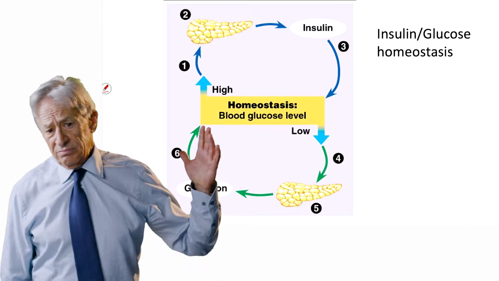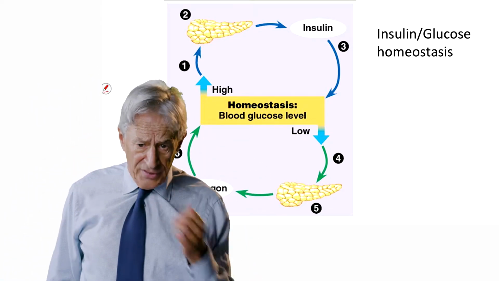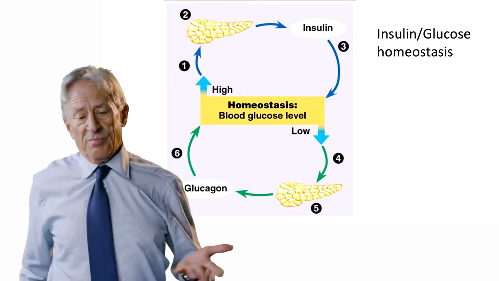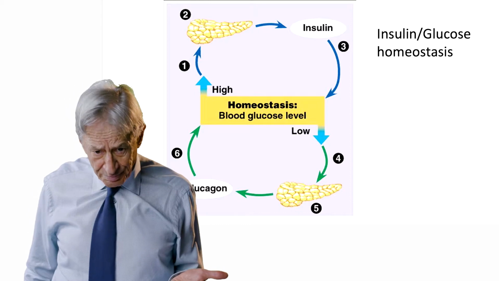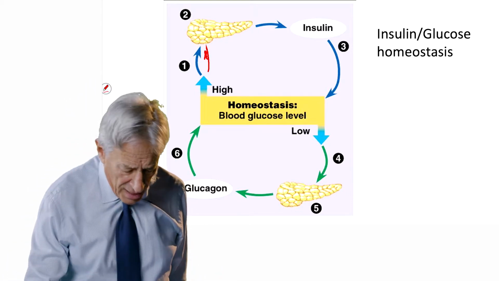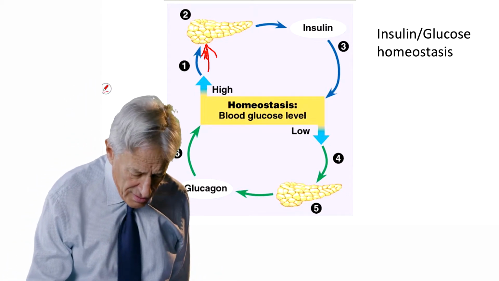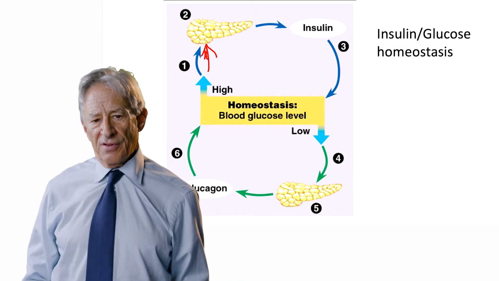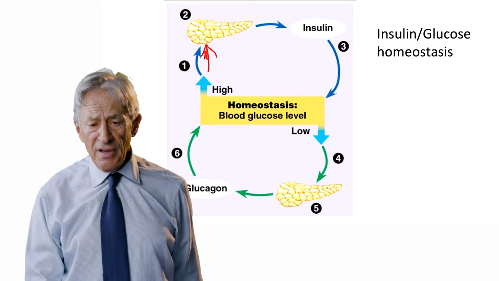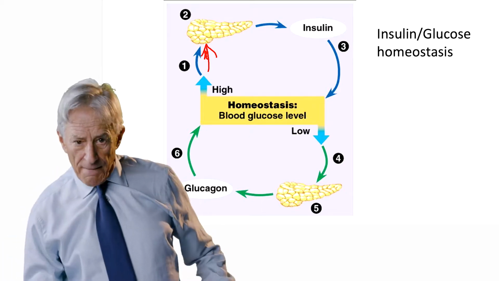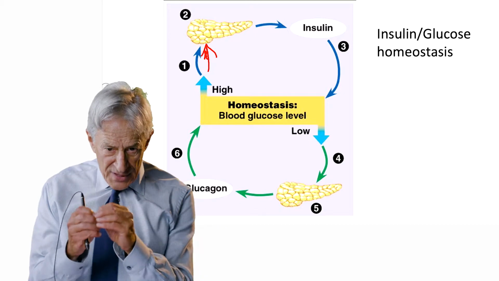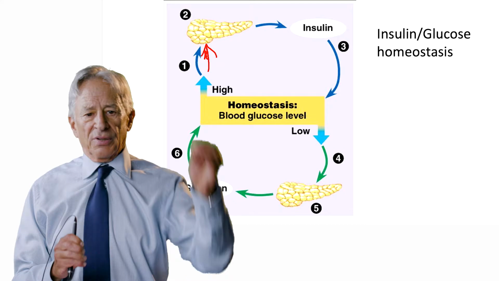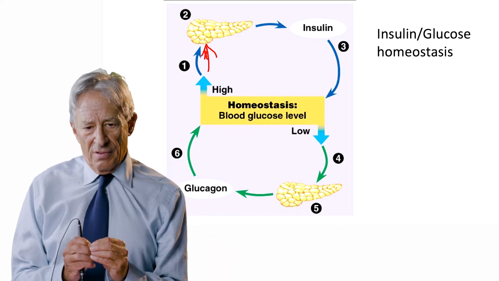Let's talk about hormones, for example, insulin and glucose. So when your glucose rises, for example, as a result of eating a meal, you now have high glucose levels, and those high glucose levels cause the pancreas to release insulin. Insulin then combines with glucose in the muscle cell and facilitates the metabolism of the glucose.